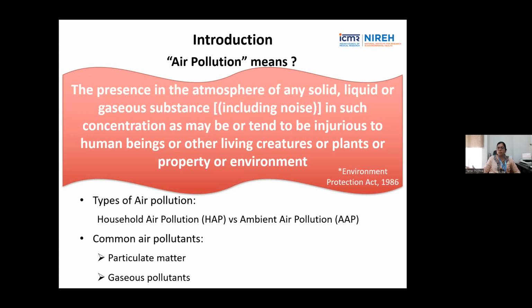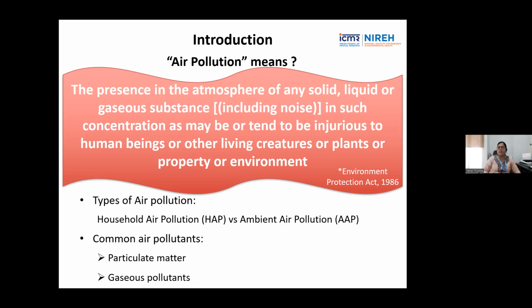I just want to ask a quick question here. When we say household versus ambient air pollution, do you think these are two watertight compartments without any link with each other? Any idea? I think they are very well connected, because once a person is exposed outside, that also brings that pollution inside.